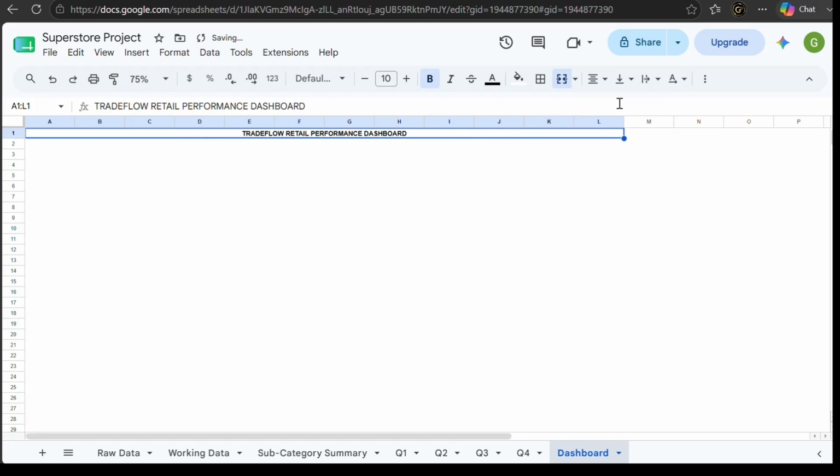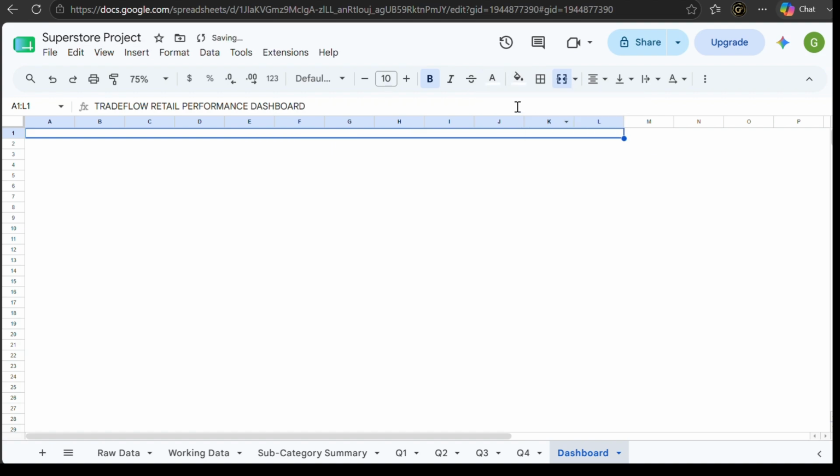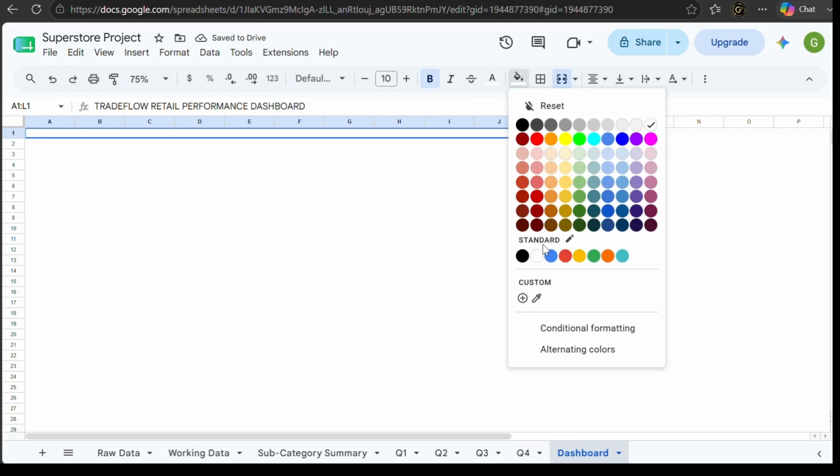I think I would like to centralize it. I'd like to make it bold, and then I would like to change the color of the text to maybe white, and then I'm going to have to change the background color.